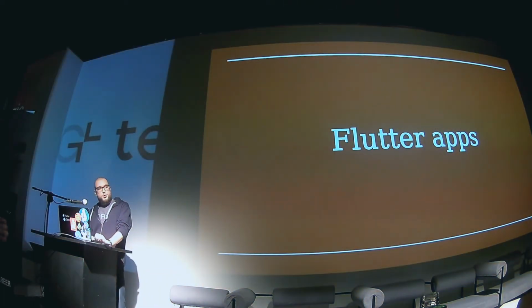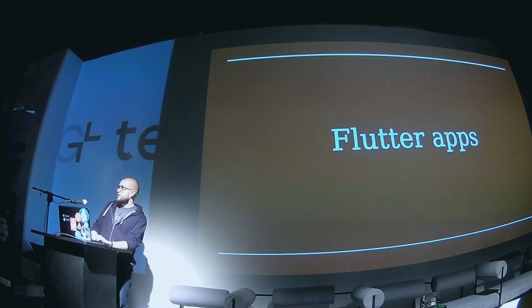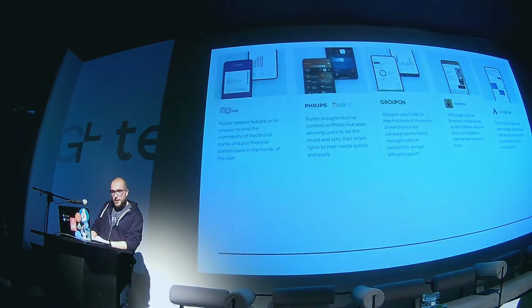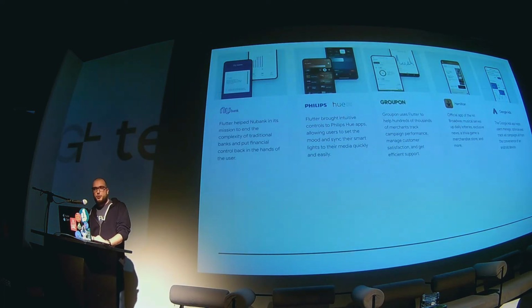I also wanted to show you a few examples of currently existing applications that you may or may not know, but it's a good chance to show you the portfolio. First one is Nubank. Nubank is a Brazilian bank with 15 million clients, and they worked with Flutter.